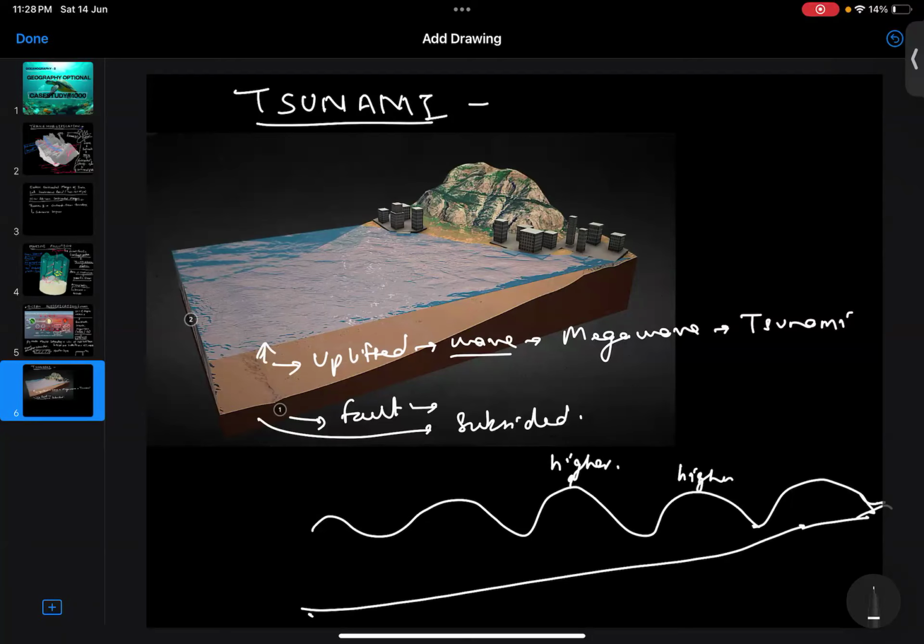And here we see that this wave is breaking, and after breaking, there is a swash. When the water moves inside the region and then moves back, this is backwash. This swash and backwash result in the maximum casualties.